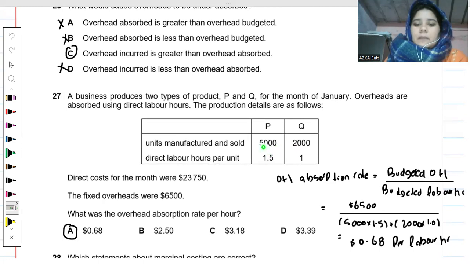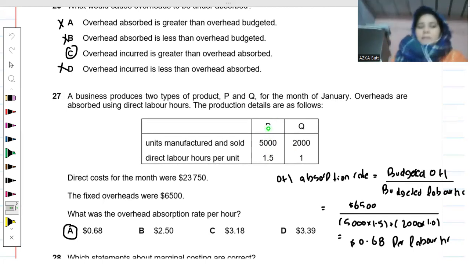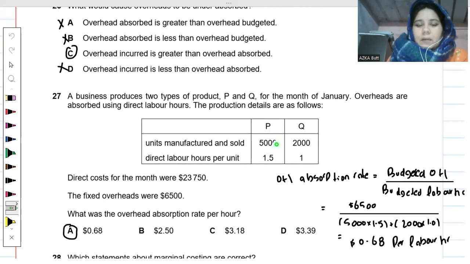If the examiner gives us both machine hours and labor hours for P, we have to see which number of hours is greater, whether the labor hours are greater than the machine hours, or the machine hours greater than the labor hours.